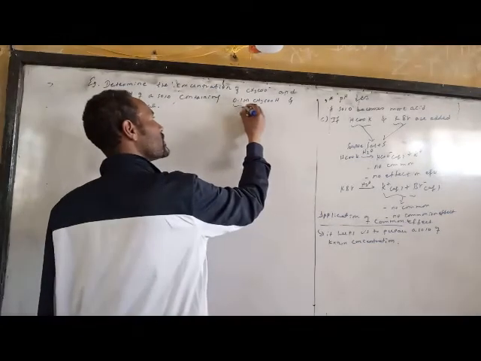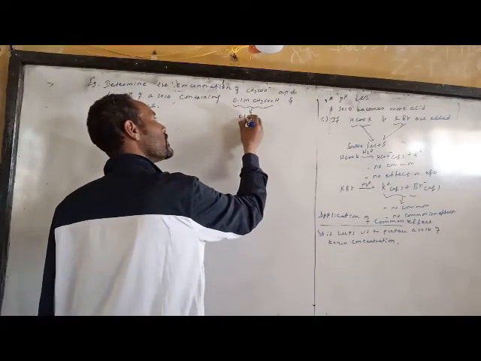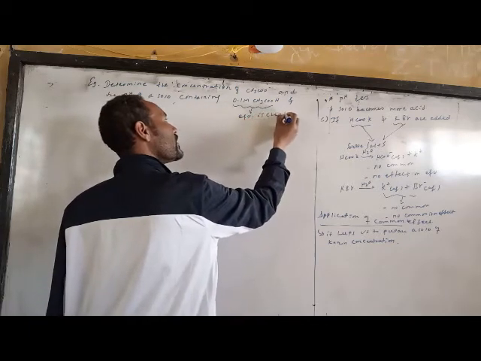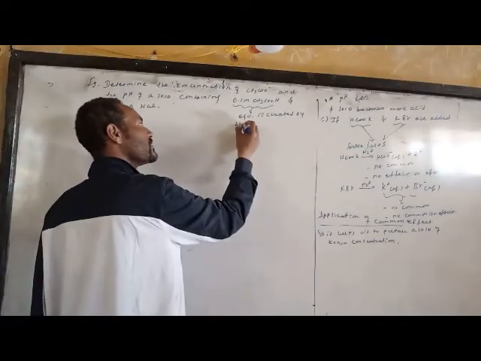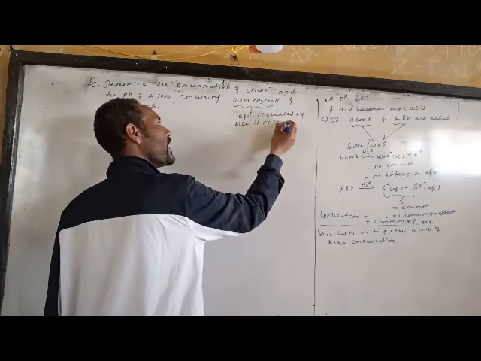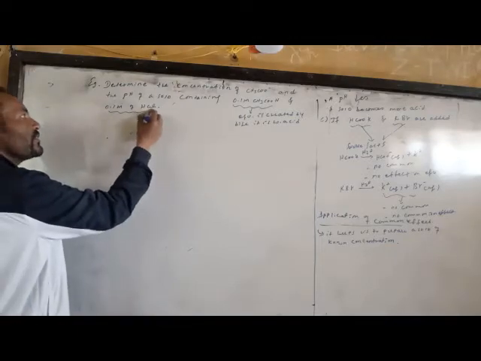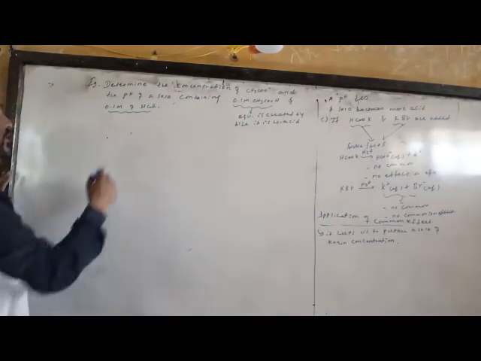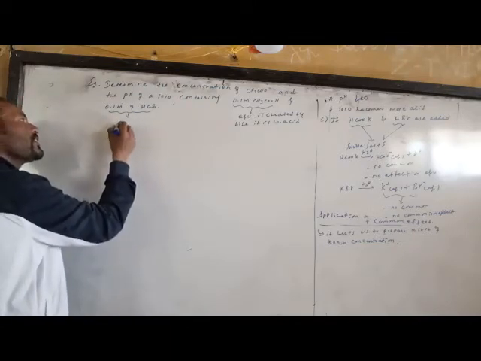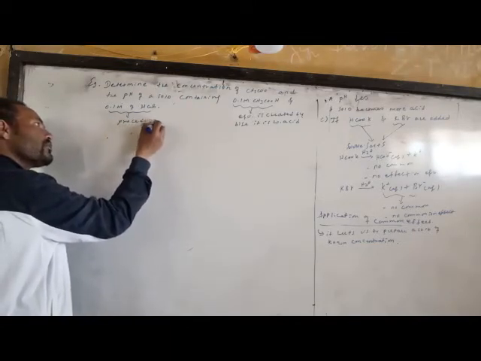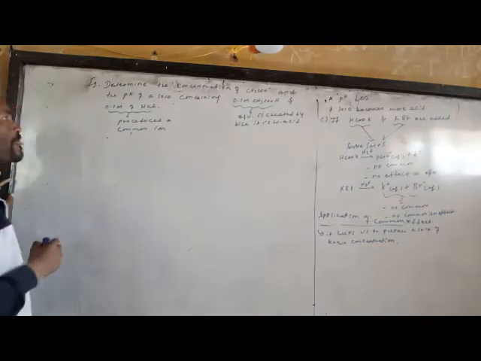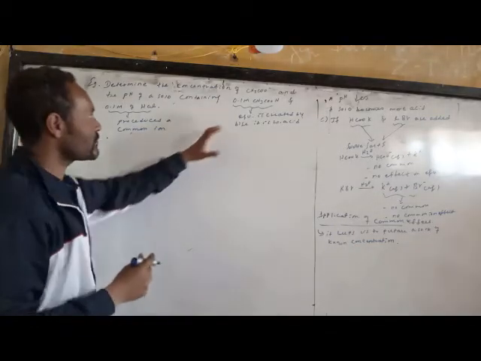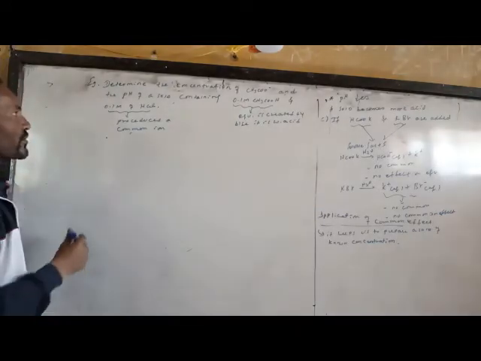Here, first, the chemical equilibrium is created by this acetic acid because it is a weak acid. The substance that contributes a common ion to the chemical equilibrium is hydrochloric acid. So first, let us produce the chemical equilibrium from acetic acid.